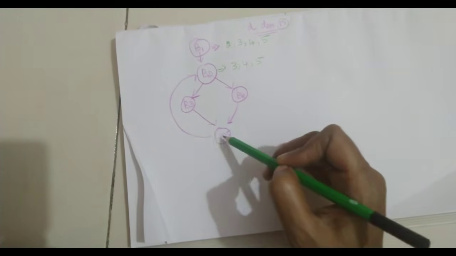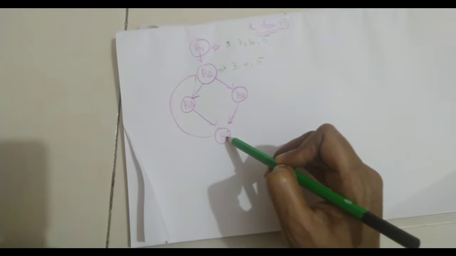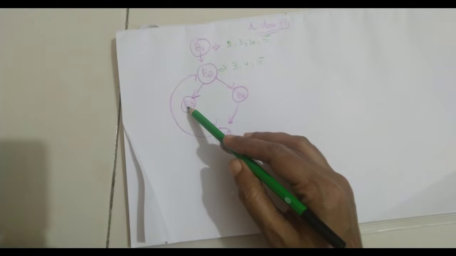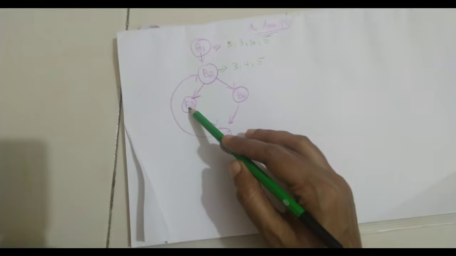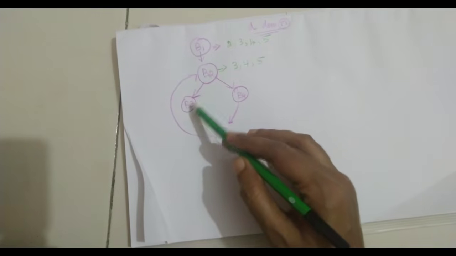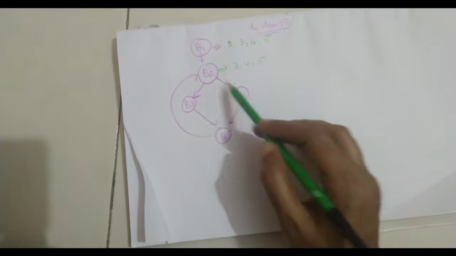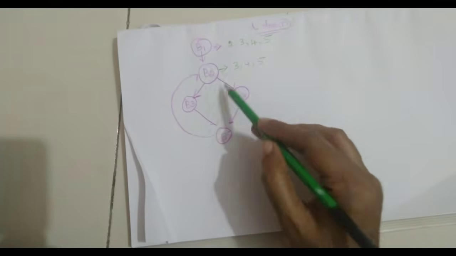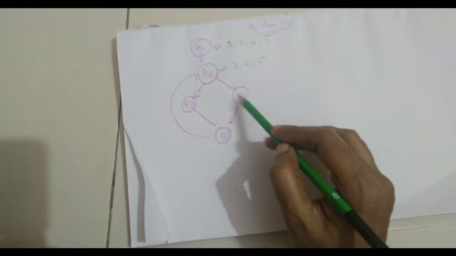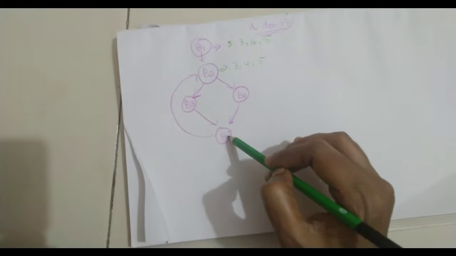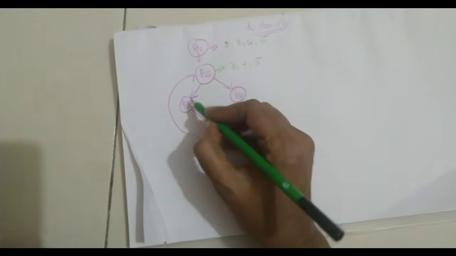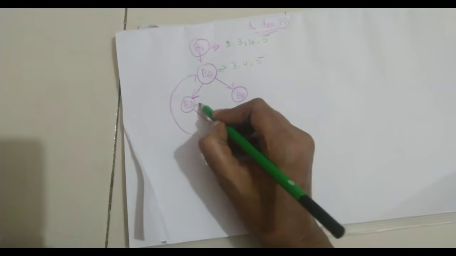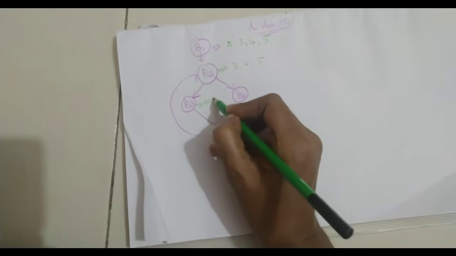So can you say that to reach B5 the only possible way is to come from B3? No, there is also another way. You can also reach B5 through B4. So B3 cannot be the dominator of B5. So B3 is a dominator by itself.